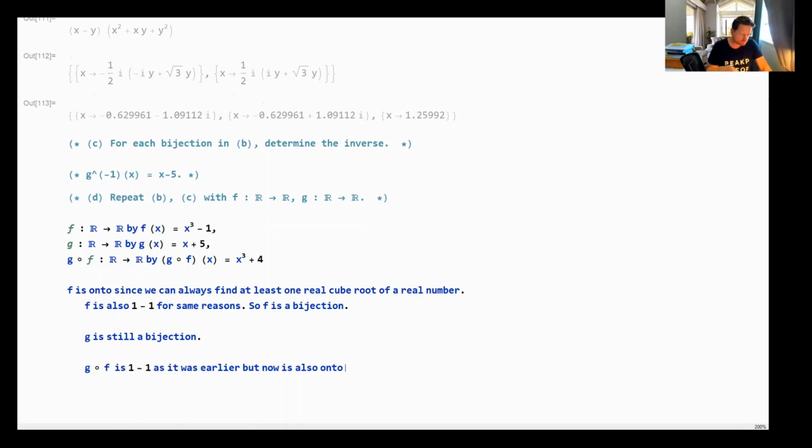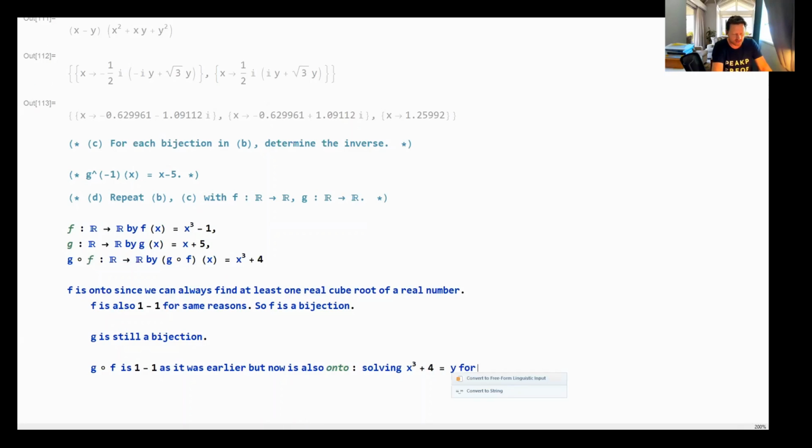Because we're solving this equals y for x.